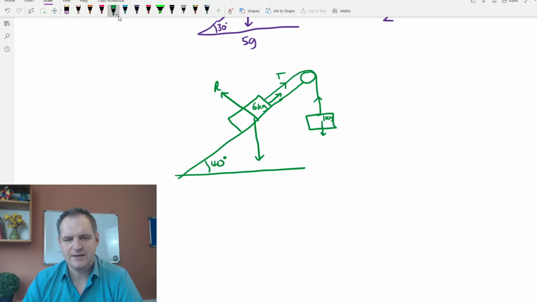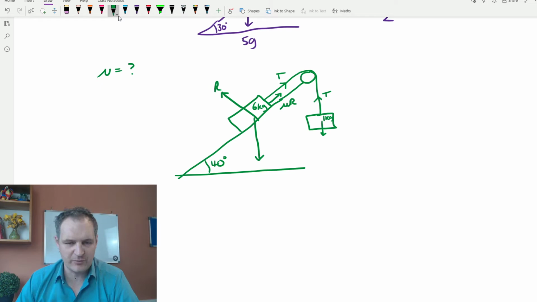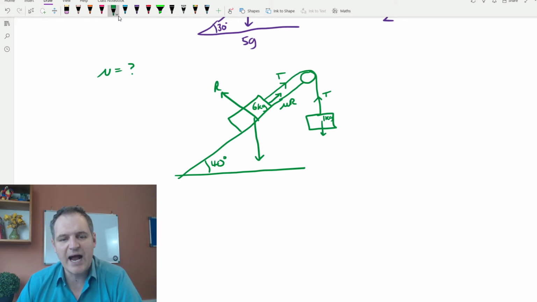And that's T. The friction is always mu R. We're going to say the surface here has a friction coefficient that we're trying to work out. We don't know what it is, but we are going to look at this system, and it's going to tell us it is holding. The friction here is holding the object.